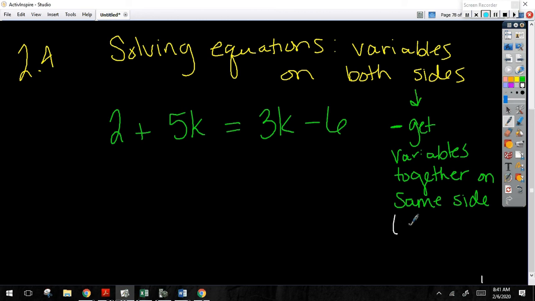But it's easier. Try to move the smallest, because that's going to keep me positive, and it's going to make my life a lot easier as I go. So as I look at this on both sides, which one is easier? 3, right.